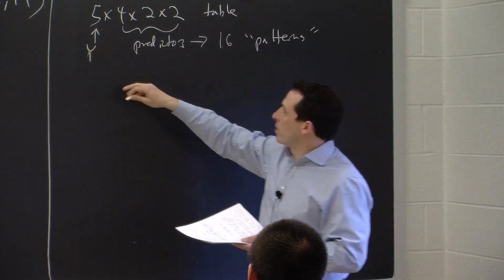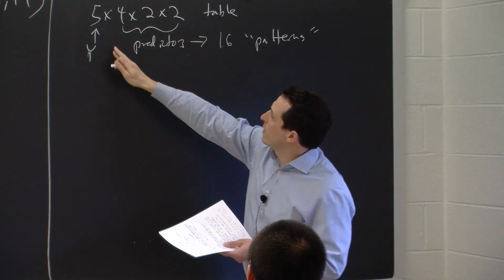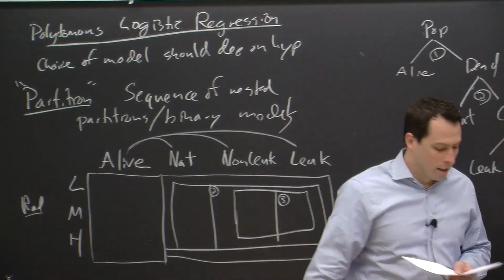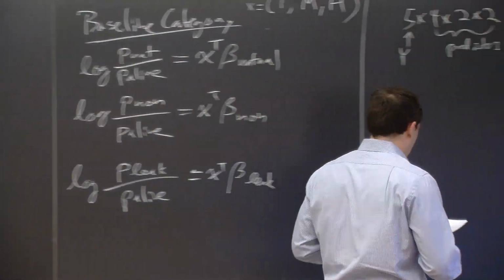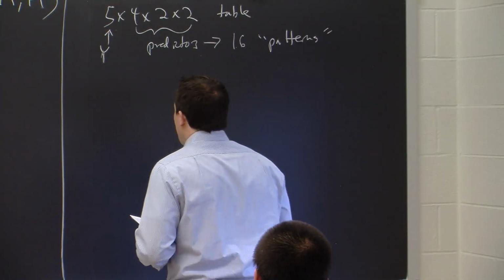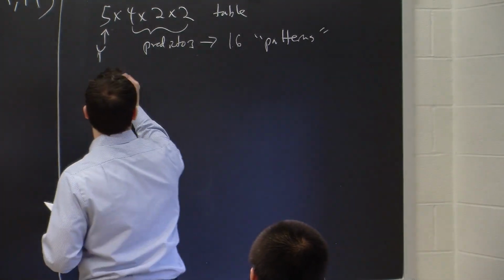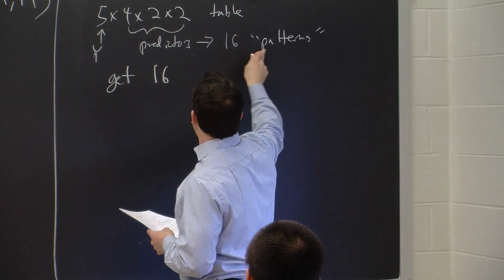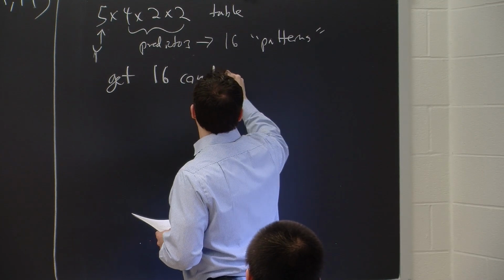At least it usually helps to do that conceptually when we're doing logistic regression, the thing that's predicted versus all the predictors. So it's a bit like having this, but instead of only 3 rows, I have 16 rows. So it's a flattening of the table. And the way you want to think about such a table is that 16 patterns means we get 16 conditional distributions.